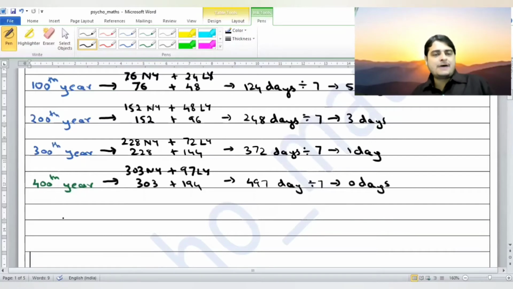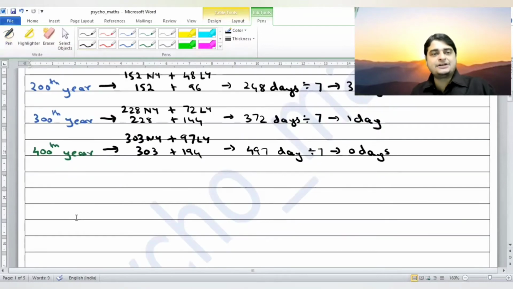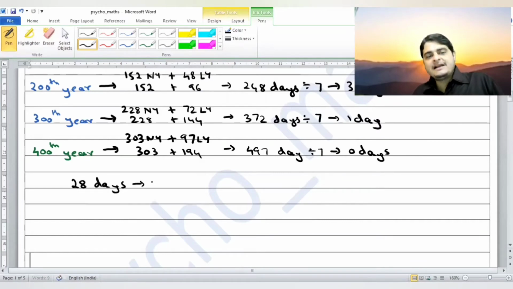Now let us speak about the months. Let us quickly get into the concept and the calculation of dates. A month having 28 days, that is basically Feb of a normal year, will have 0 days extra.